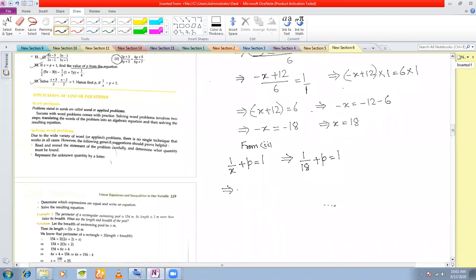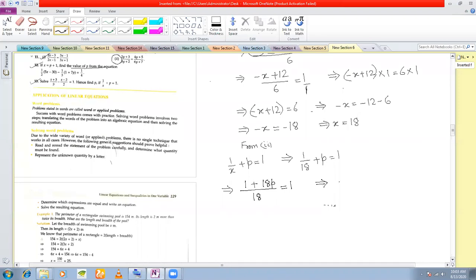That means I keep p on the left hand side, or what you can do is take the LCM. Better you take the LCM of this as 18. 18 divided by 18 is 1, plus 18 into p, 18p, equals 18 over 1... so (1 + 18p)/18 is equal to 1.